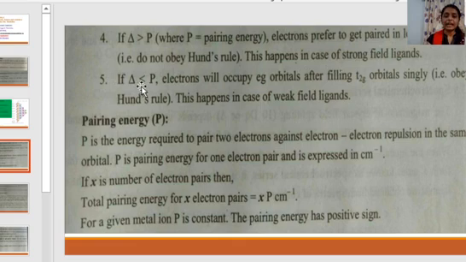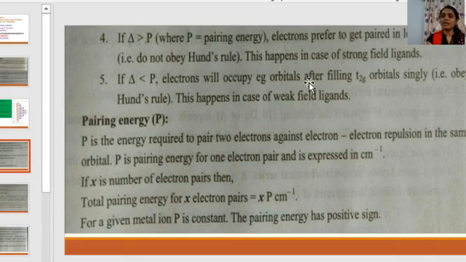If delta is lesser than P, electrons will occupy the Eg orbitals after filling the T2g orbitals singly. This happens in the case of weak field ligands. Whenever the splitting between the two levels is lesser, the pairing energy is higher, so the electrons will occupy the Eg orbitals first.